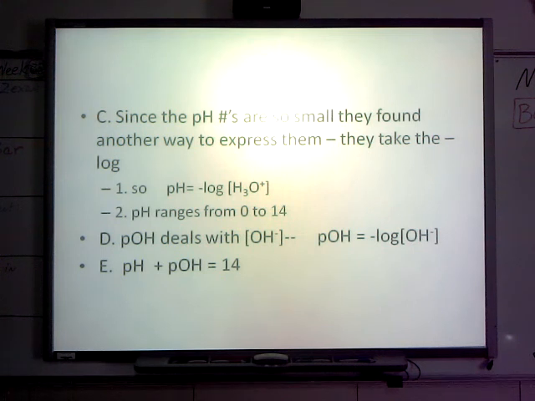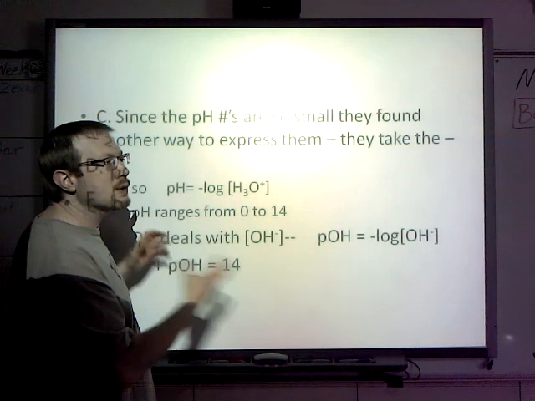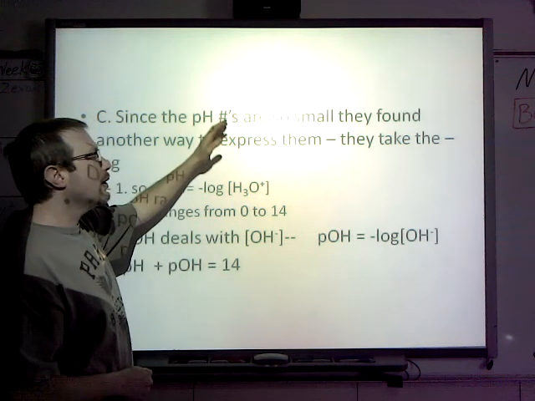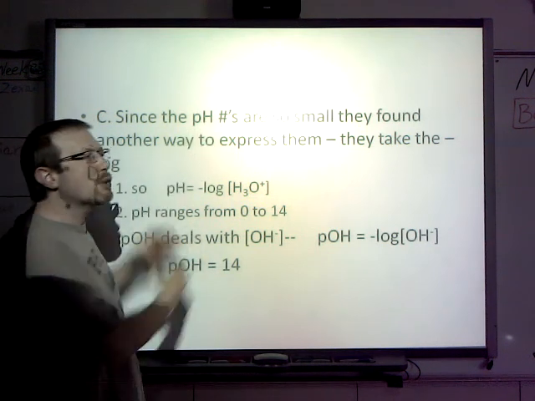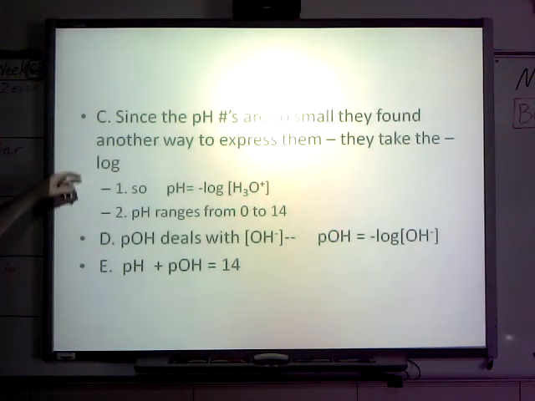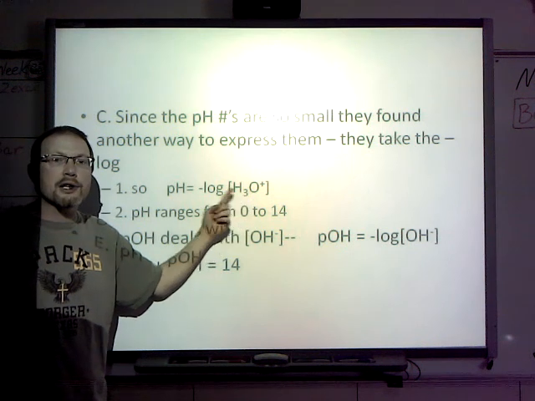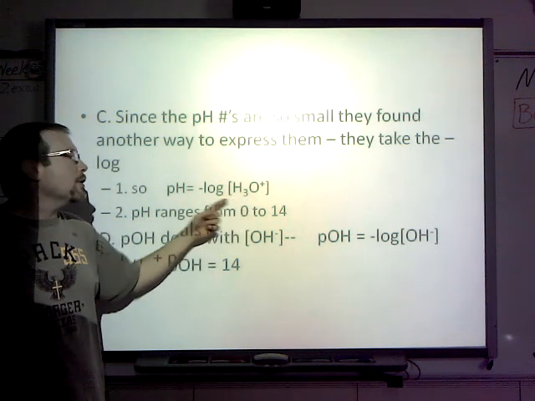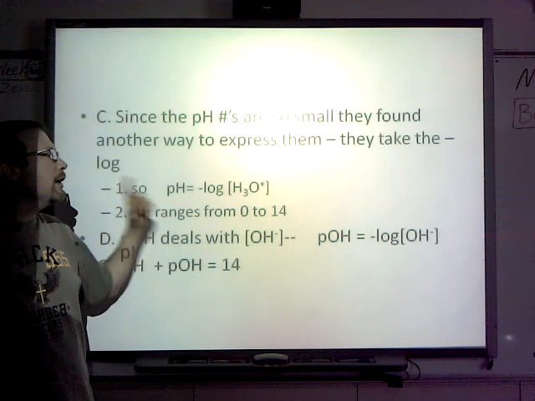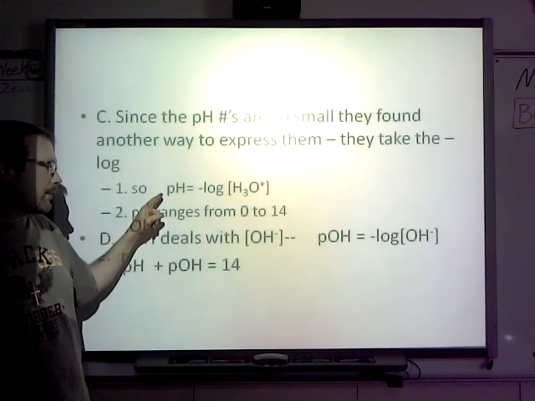Now, because these numbers, these times 10 to the negative 7th and 8th and 9th and 11th and whatever, get so huge, using the pH scale is just an easier way of expressing that big concentration and making it smaller. So if I've got the hydronium concentration, the hydrogen concentration of my acid, I go to my calculator, I hit negative log, and put that number in, it'll spit out the pH.